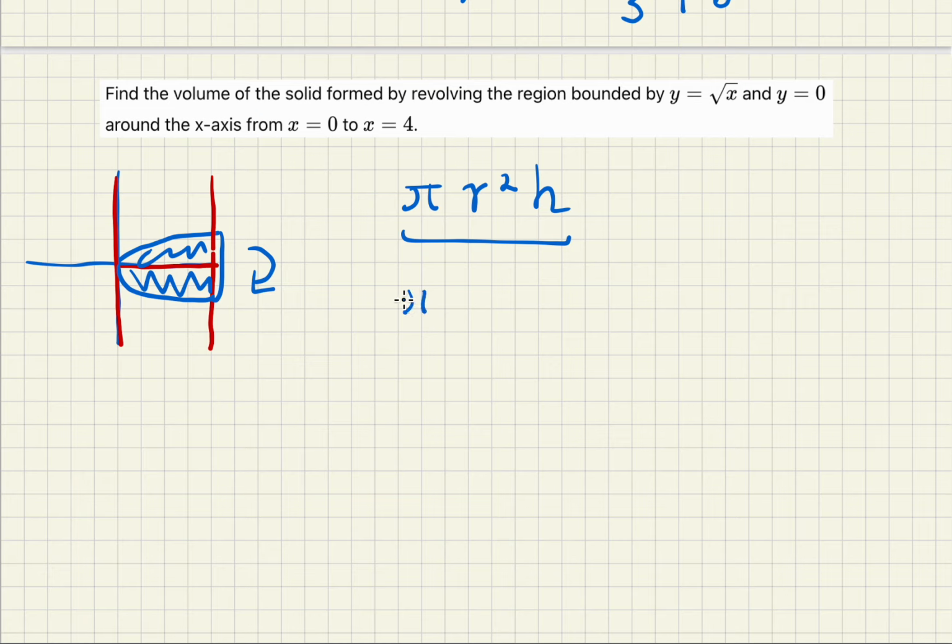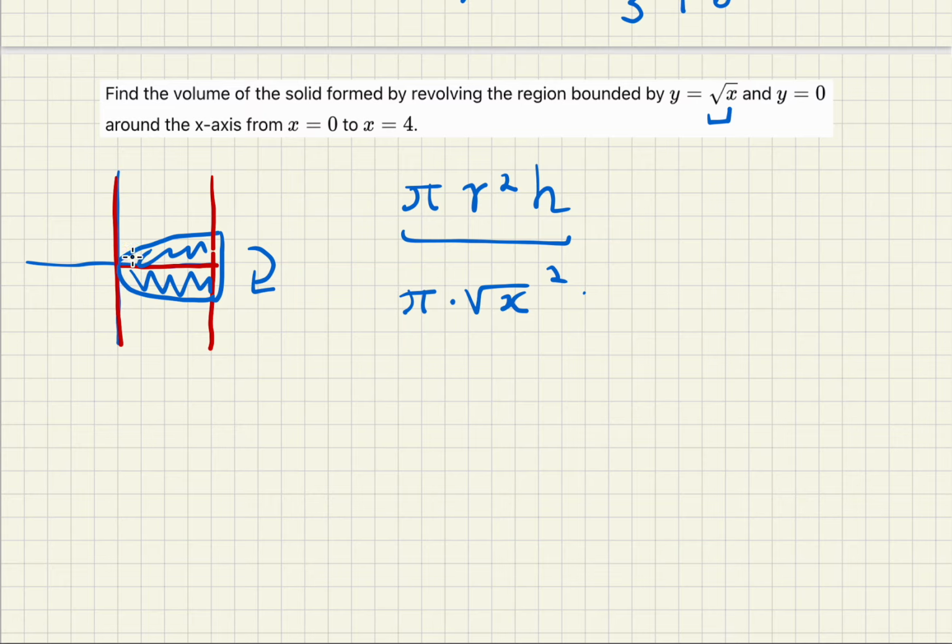So this turns into pi times the radius squared, which in this case is again the equation y equals square root of x. So square root of x is r, and then we square that, and then h in this case, like I said before, is the infinitesimally small dx's.